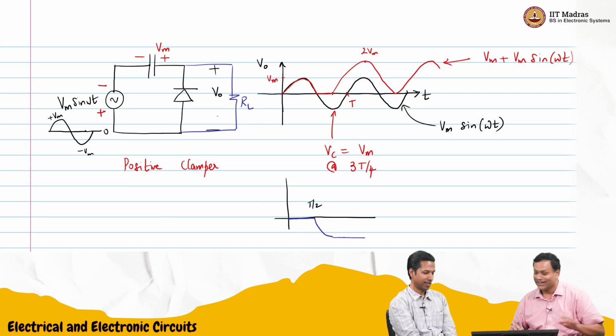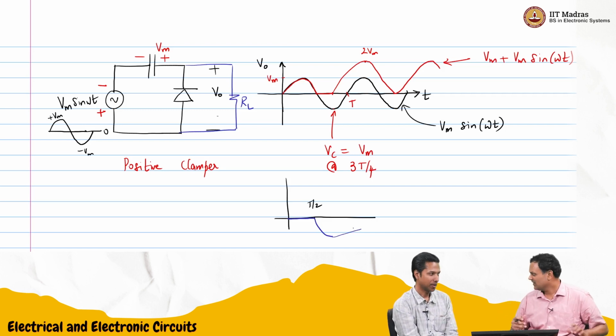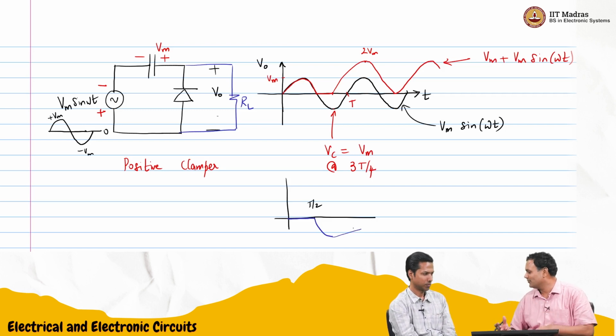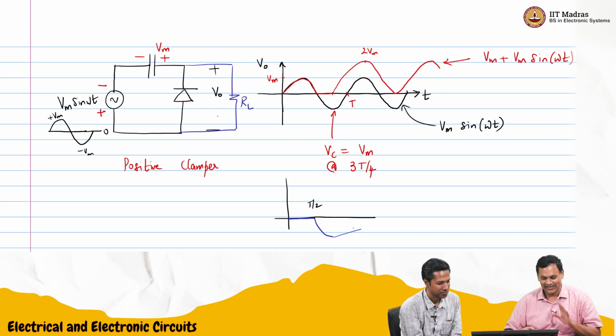But now that you have RL, there will be a small discharge. If RL is large, in kilo ohms or mega ohms, this discharge will be very slow, and you'll need to make up for that in the next cycle. We will leave it to the students to think about.